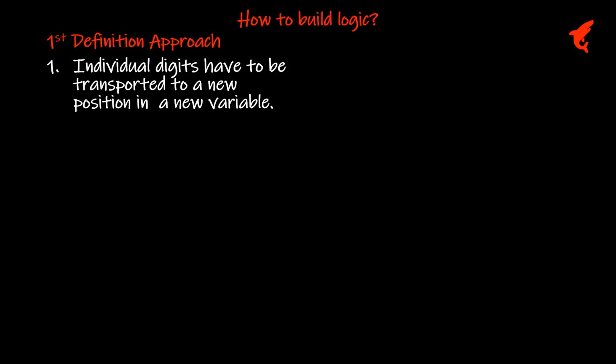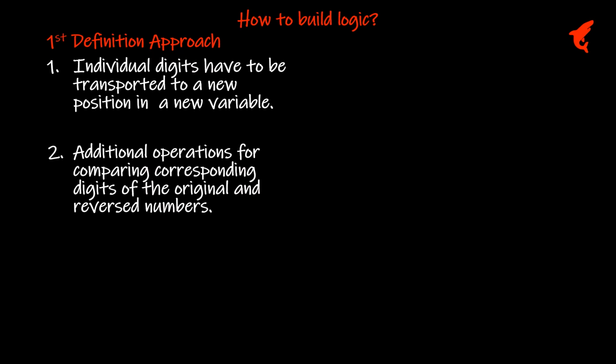So how does one build the logic for the program? Simply follow the definition of the palindrome number. The first definition approach will have this logic. First, individual digits have to be transported to a new position in a new variable. Next, the operation of comparing corresponding digits of the original and reversed numbers will have to be done.